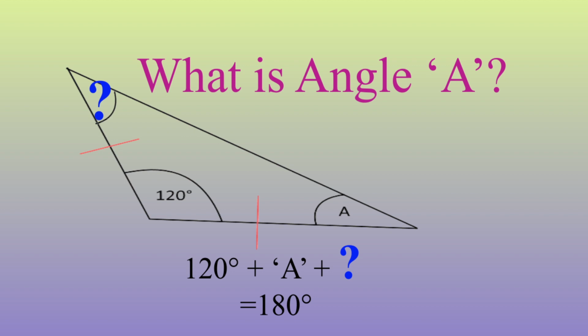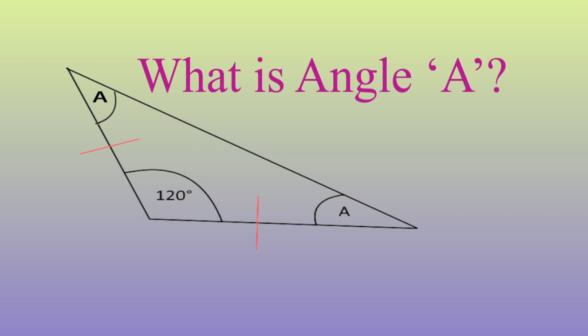But also we showed that this is an isosceles triangle and that two of the angles are the same. We saw that A is the same as the unidentified angle, so we could really replace the unidentified angle with the value A. Well, what would that look like? It would give us 120 degrees plus A plus A equals 180 degrees.